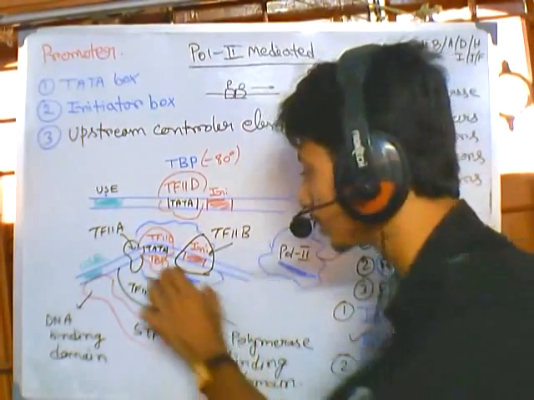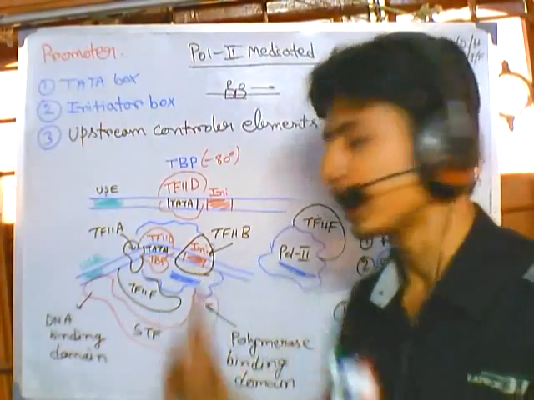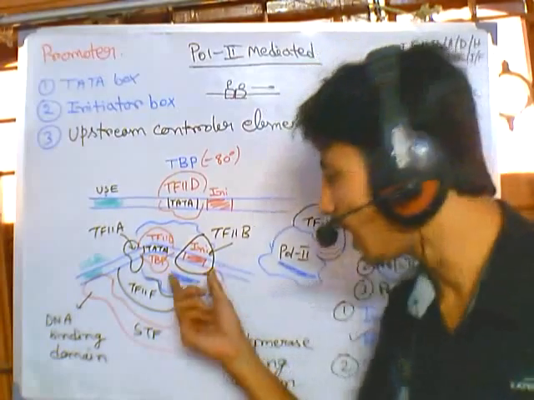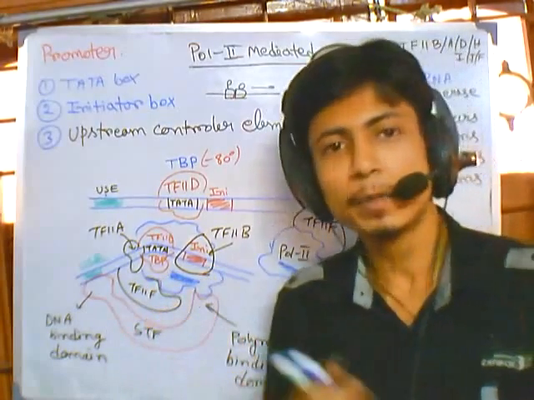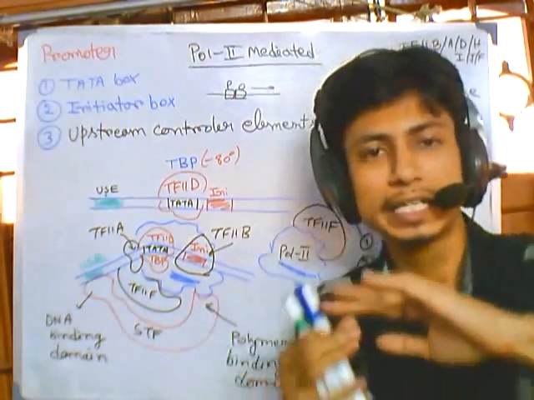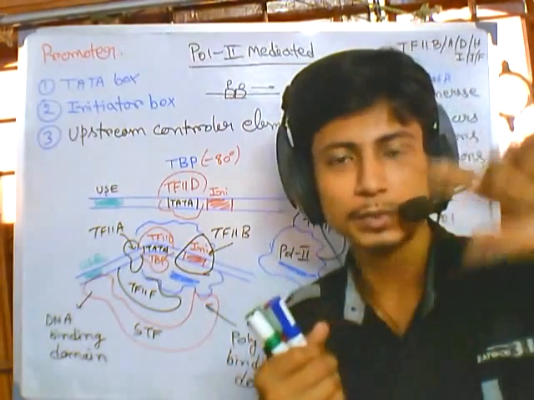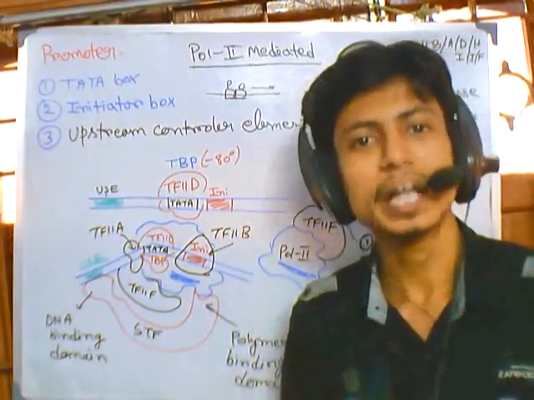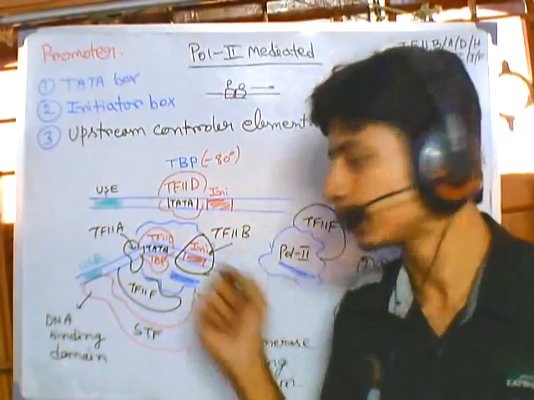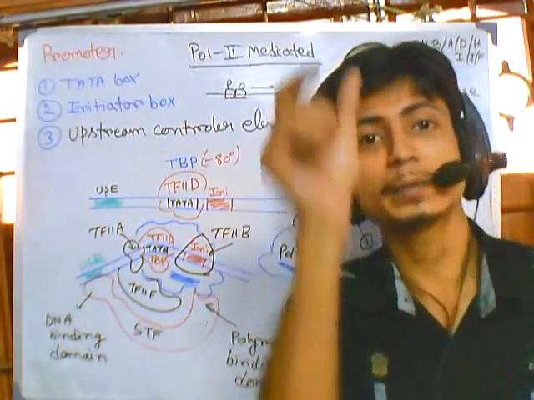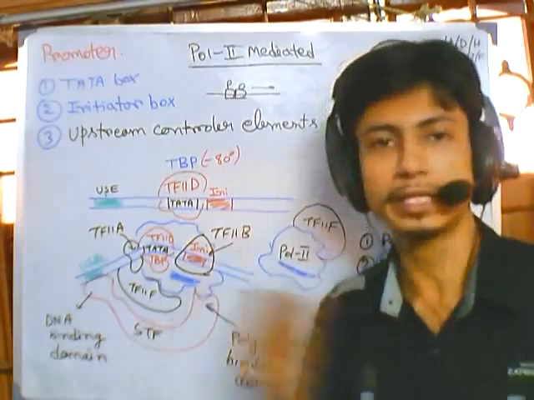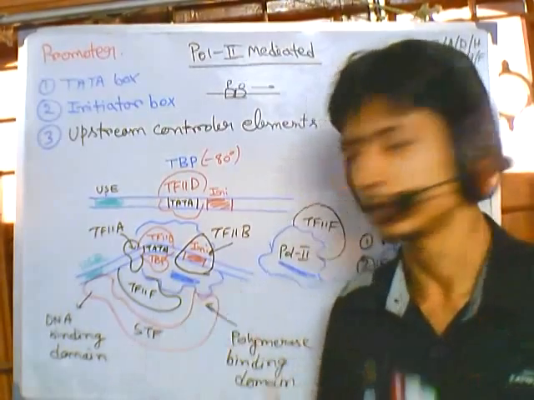Here comes the importance of this arm of the RNA polymerase that I have drawn. Remember, RNA polymerase has an alpha terminal and a C terminal domain, obviously. The C terminal domain is called the alpha CTD of this polymerase, and that alpha C terminal domain is the arm of the polymerase.